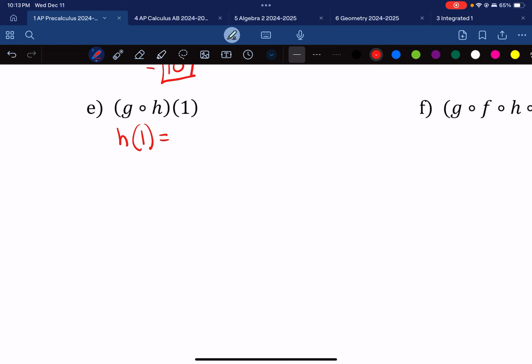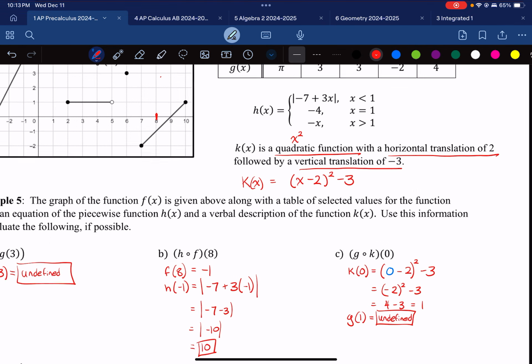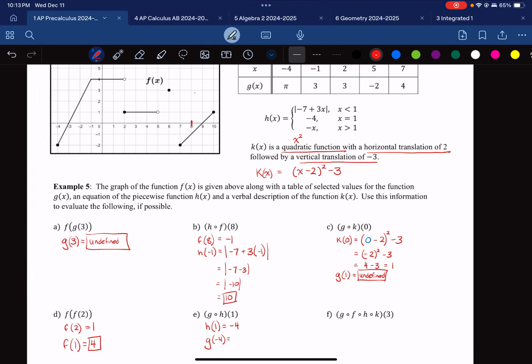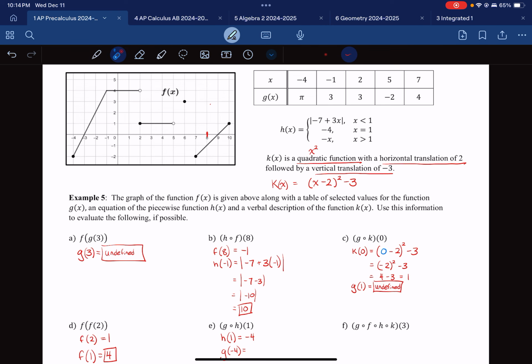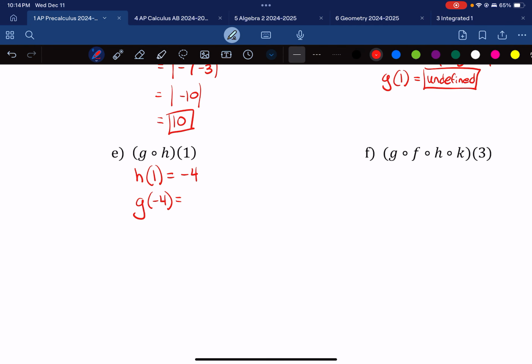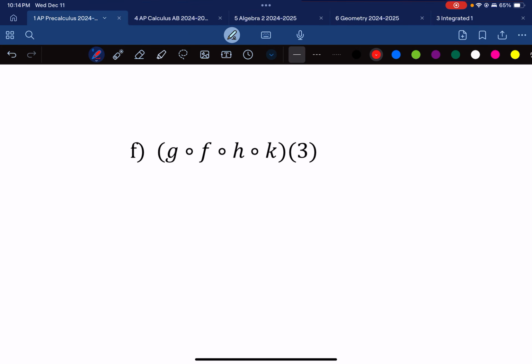Now I know I'm going to plug -4 into G. So G of -4 is equal to, well, G is that table again, right? G of -4 is the first time the table actually works. There's my -4. When I do G of -4, I output a pi. So the answer to this one is pi. You can box that.